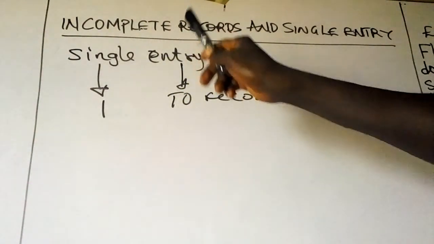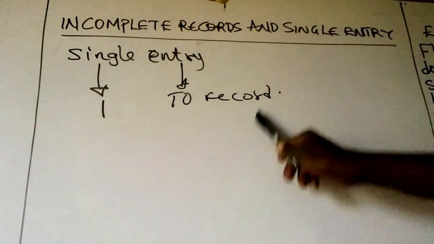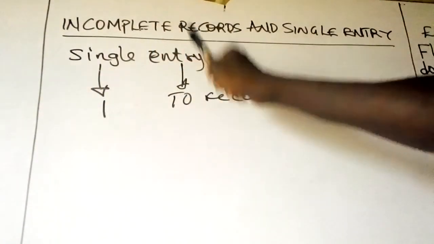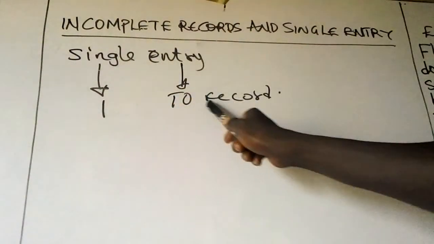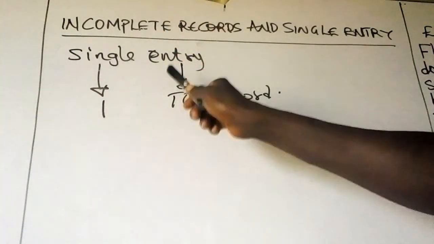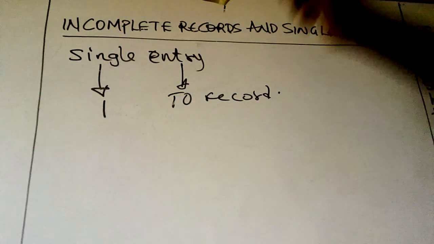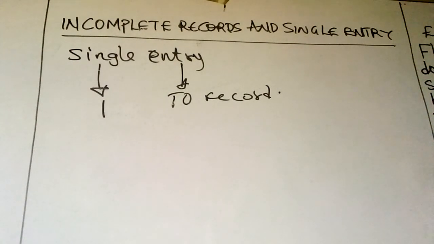Any accounting system that is not in line with double entry is said to be a single entry system. I've said a single entry system is an accounting system that does not conform with the double entry principle.